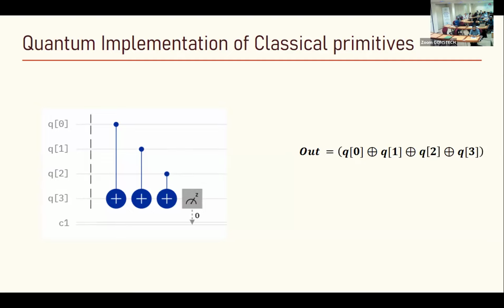So the updated circuit is Q0 and Q1, XOR Q2, XOR Q3. Whatever answer we get from Q0 and Q1, first draw Q0 and Q1.